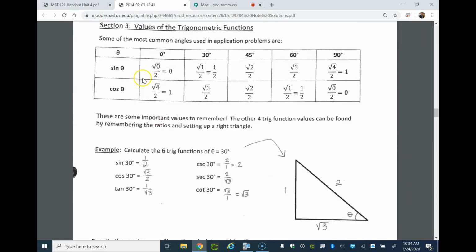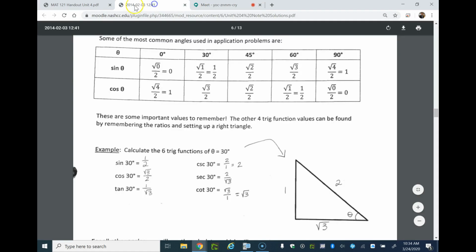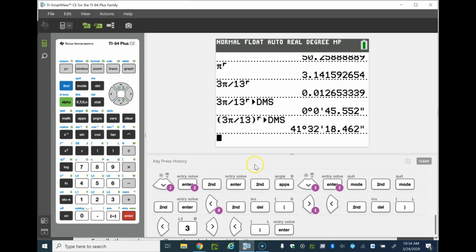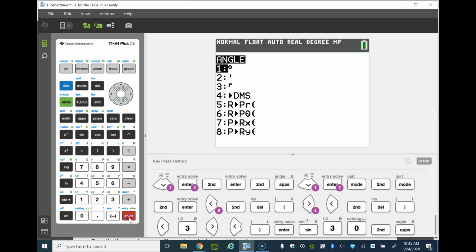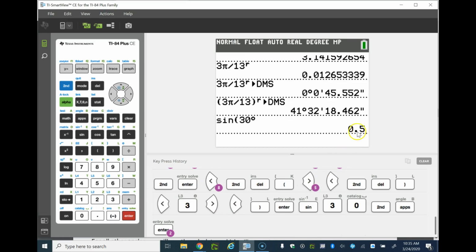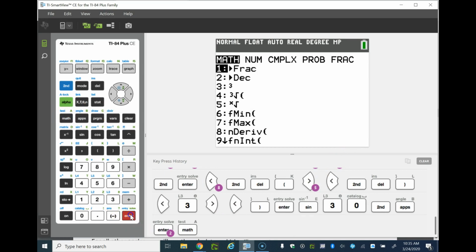Here's a good chart that's going to be helpful. The fraction ones are pretty straightforward, like 1 over 2. It gets a little difficult when we have the square root, because the calculator won't give us the answer as a square root. So if I did sine 30, we get 0.5. We hit math fraction. You already kind of know that's 1/2.